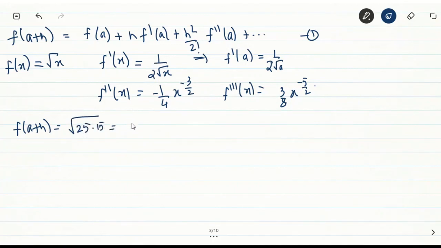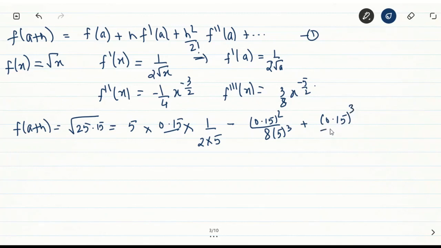So this is equal to f of a is root 25, so that is 5, plus 0.15, that is the value of h, multiplied by f dash of x, which is 1 upon 2 into 5, minus h square upon 2 factorial, so this is 0.15 squared divided by 8 into 5 cubed, plus 0.15 cubed divided by 16 into 5 raised to 5.